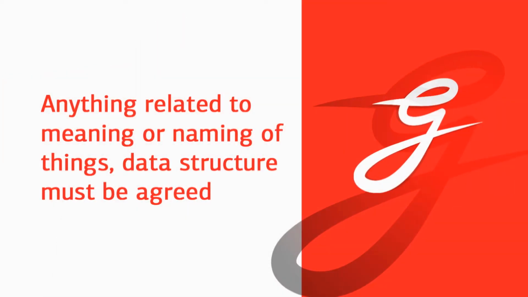Another issue with semantic interoperability is sometimes with the services themselves, the name of the service, the code of the service itself. So all of the things that are related to the meaning of things, naming of things, structure of the data have to be agreed. This is the challenge of semantic interoperability when we have organizations.